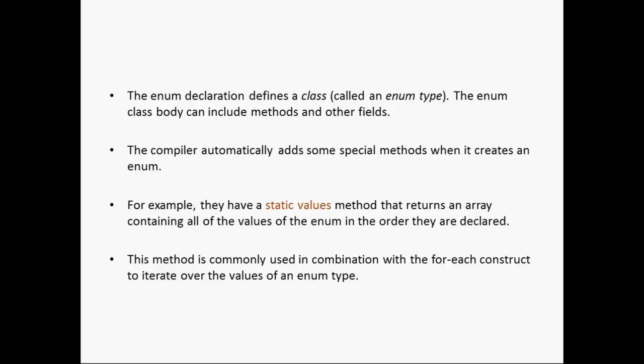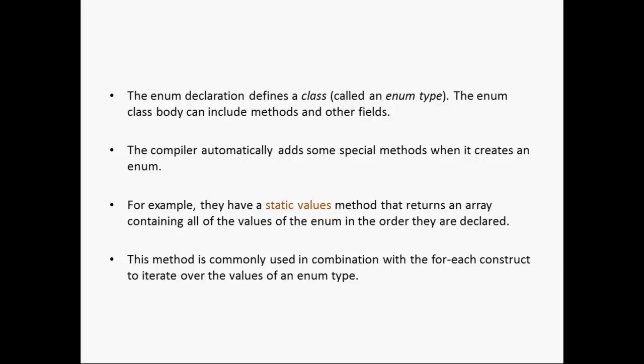The second important point about the enum is that the constructor inside an enum can have only two types of access modifiers: package-private or private.